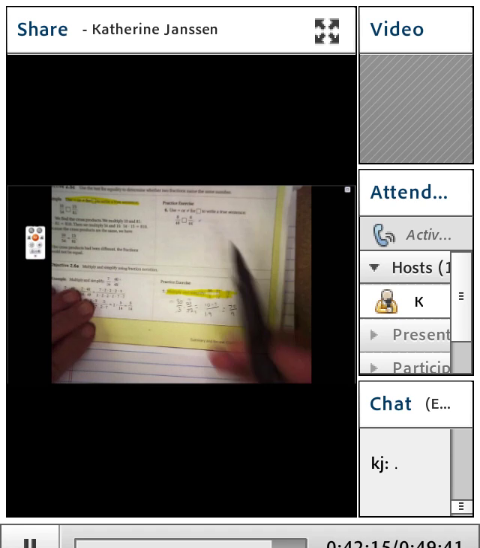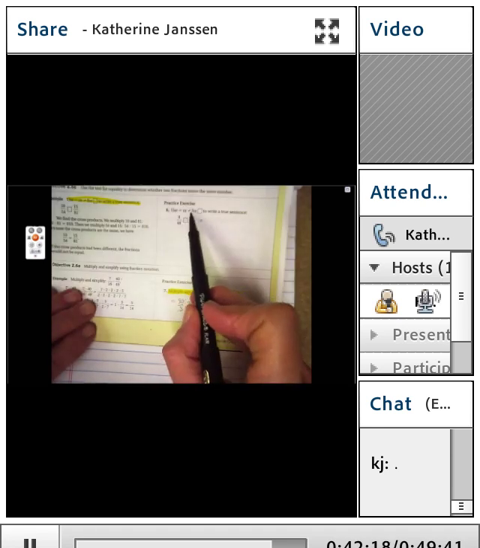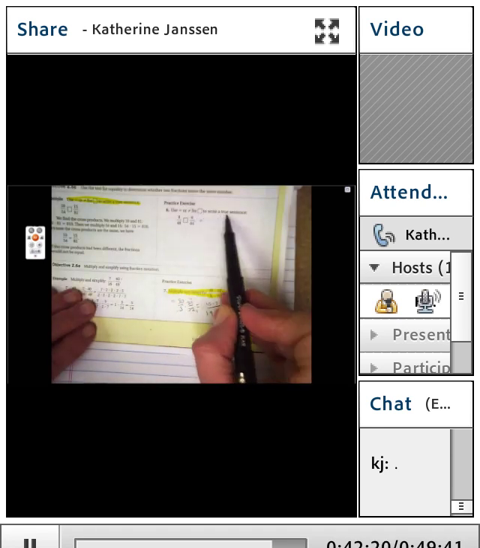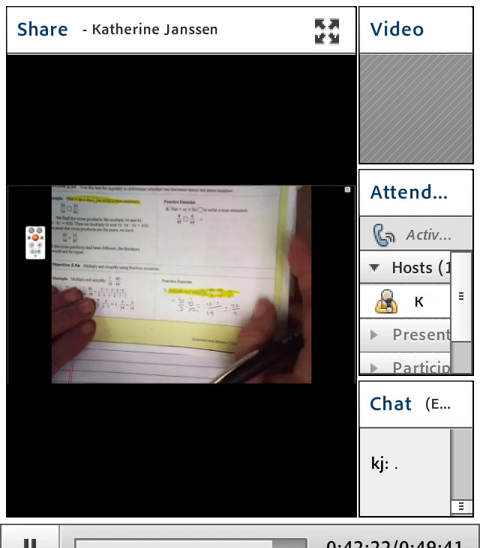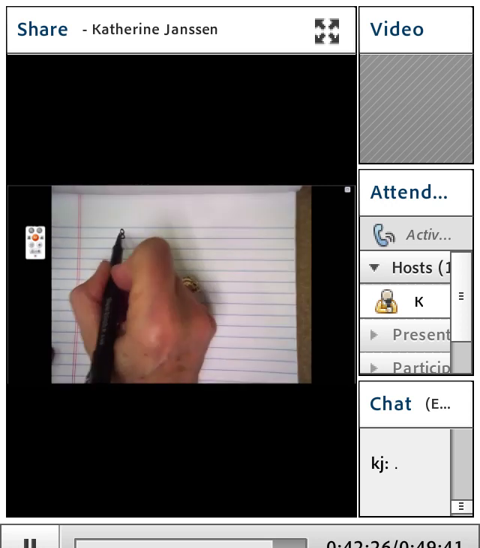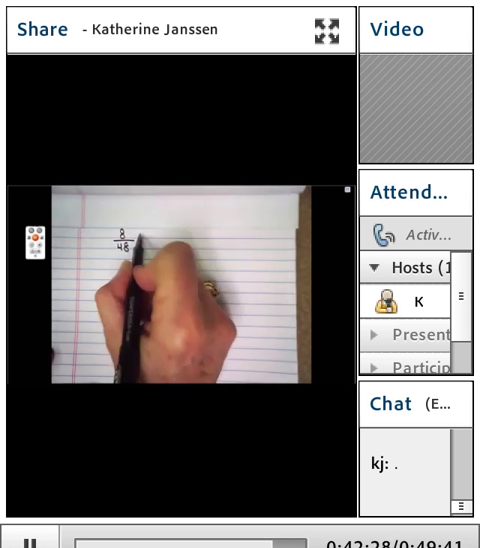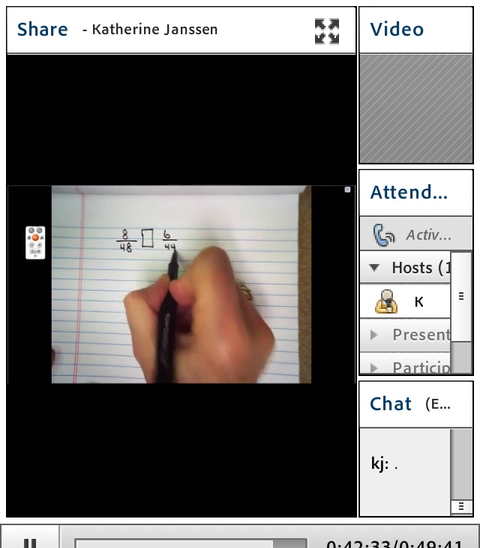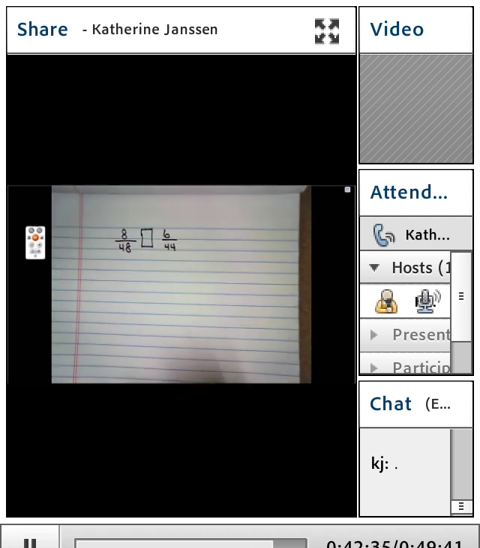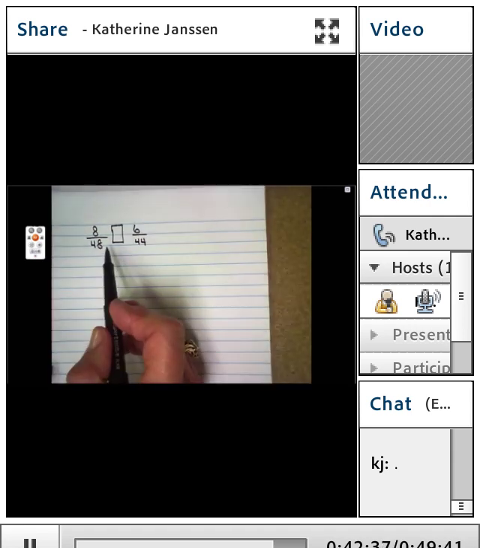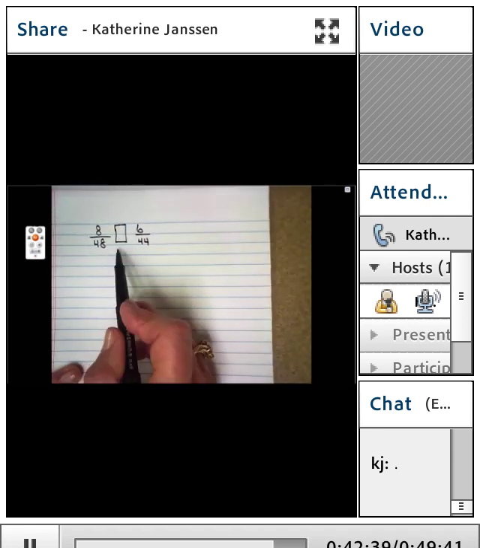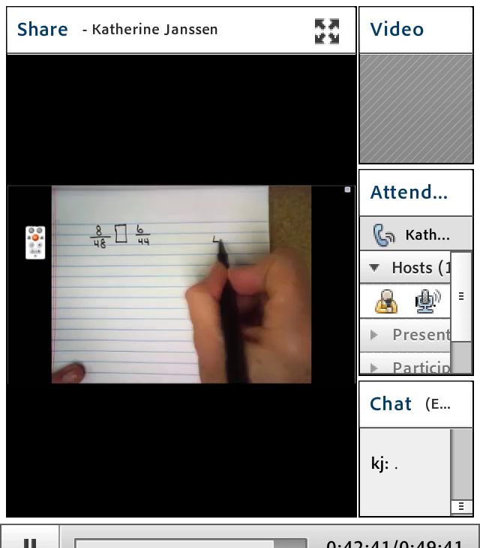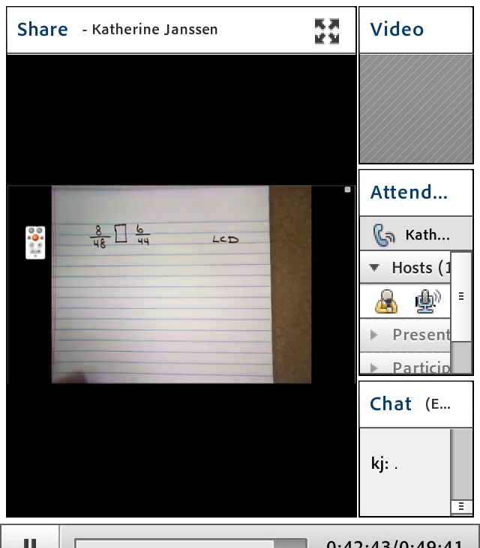Use an equal sign or a not equal sign to write a true sentence. 8 over 48 compares to 6 over 44. Well, in order to determine equivalency or not, I need a least common denominator. I have to make sure that both pies are cut into the same wedge.